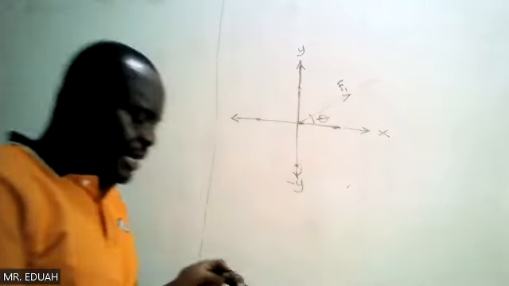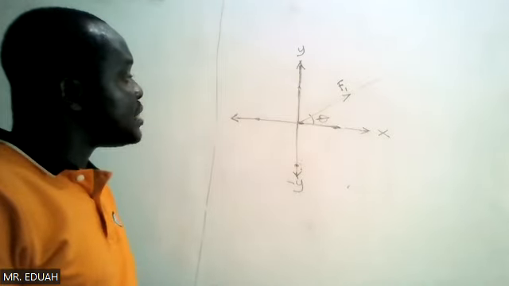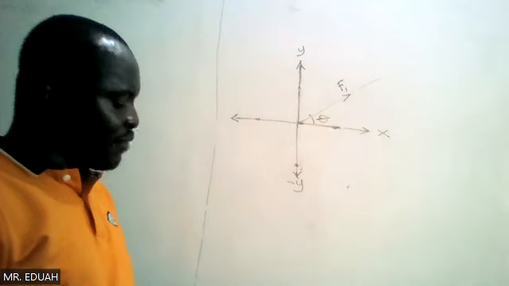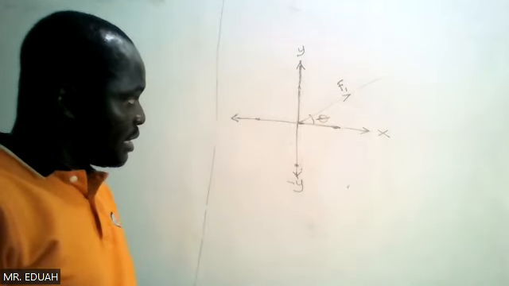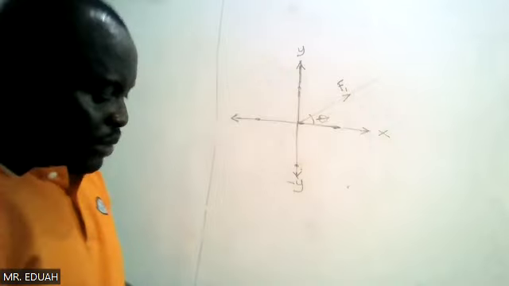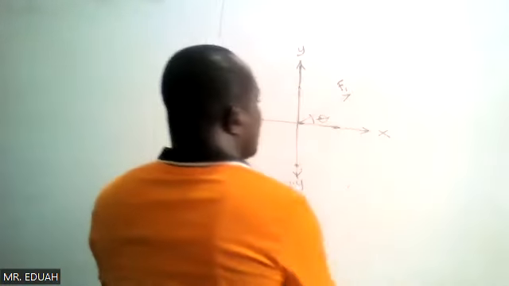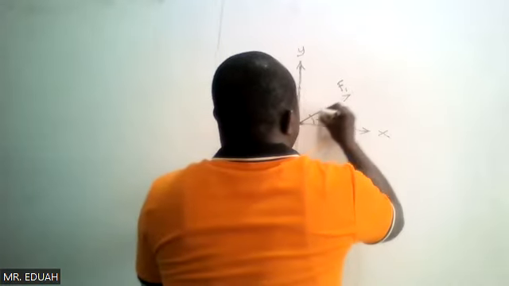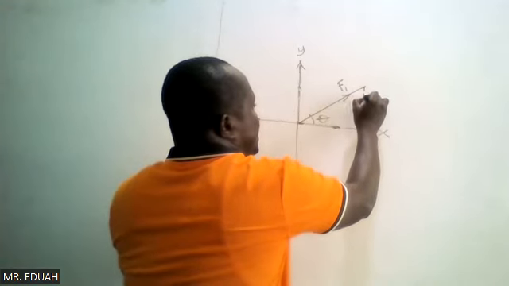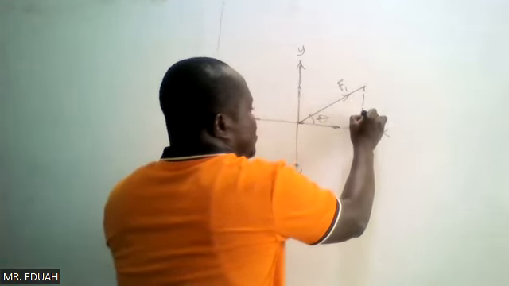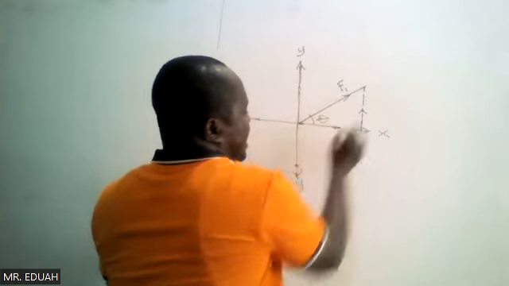Now, in doing this, we resolve this into a right angle triangle. This particular force, whose magnitude is F1, has a vertical component, this. The components will also have to obey the triangle law of vectors.